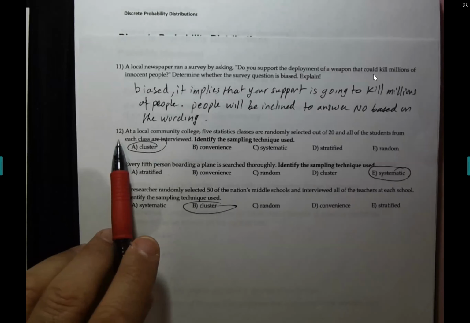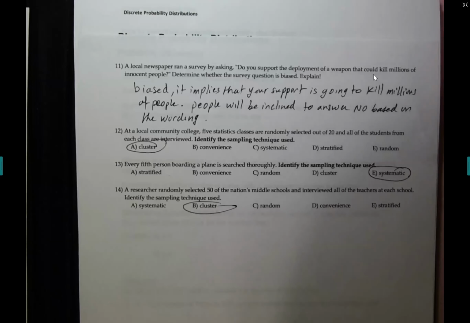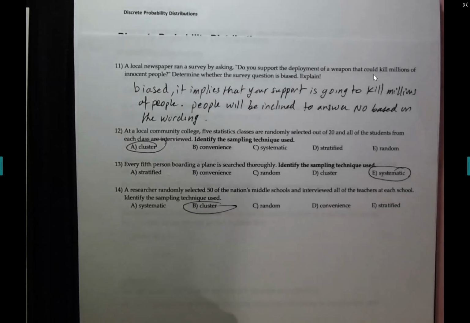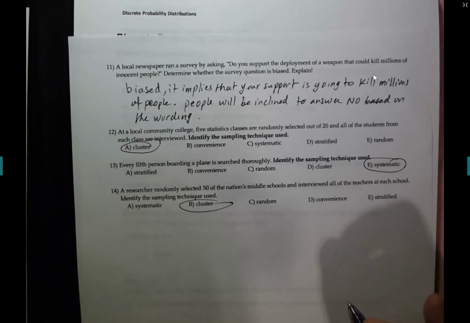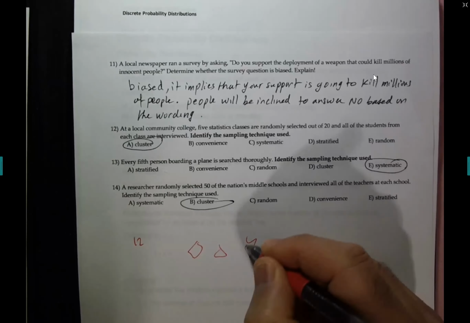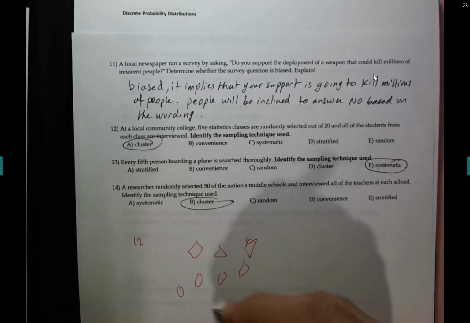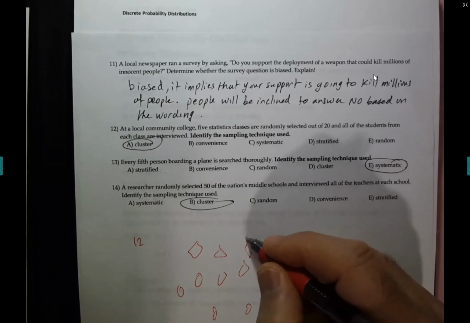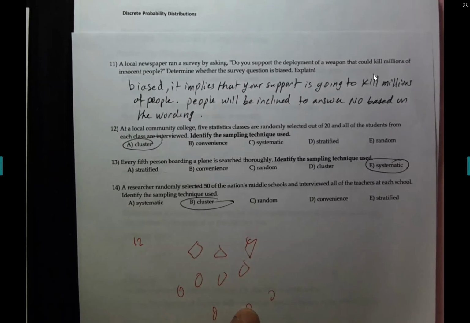Number 12. At a local community college, 5 statistics classes are randomly selected out of 20, and all the students in each class are interviewed. This is a cluster, because here we have 20 classes. You picked 5 classes and you interviewed every single student in each class.